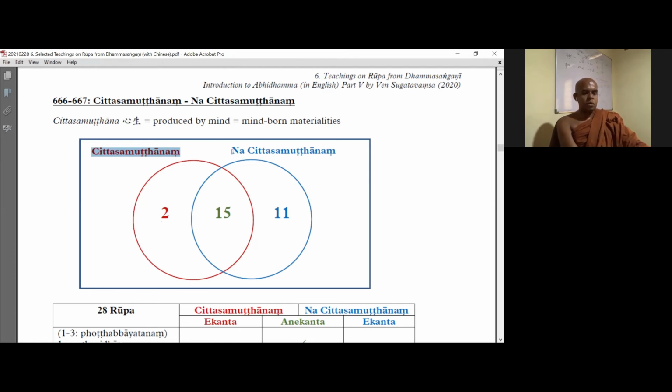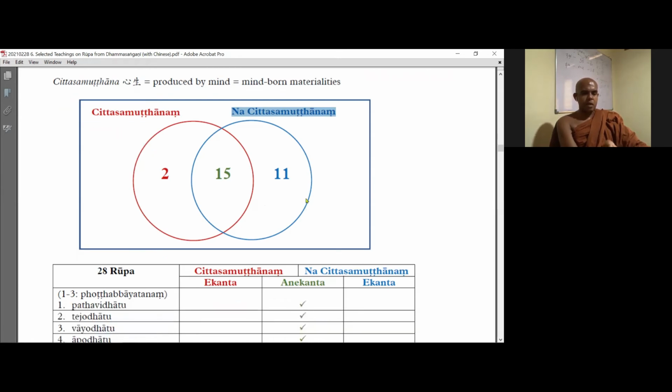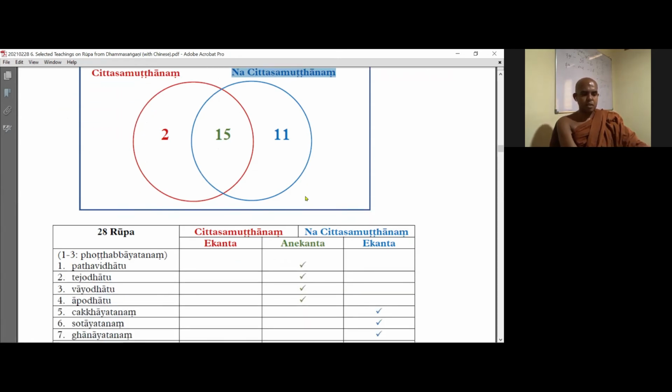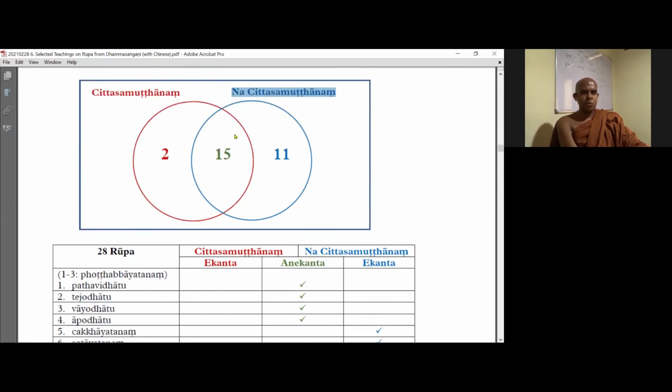And how many not mind-born rupa? There are 26, 15 plus 11. Now see again: how many mind-born rupa? There are 17, 2 plus 15. How many not mind-born rupa? There are 26, 15 plus 11.